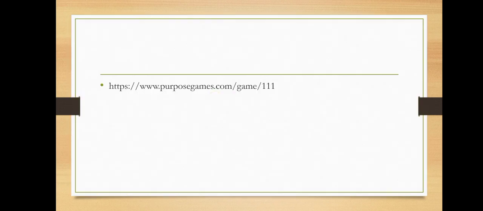You can use this application link, https://www.purposegame.com/game/11. On this site, you can get some of the interactive games as I said earlier. You can try it if you have time. You can just type what topic you would like to have, then you will be given different types of games as you wish.